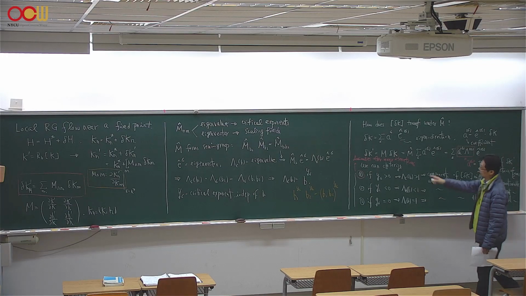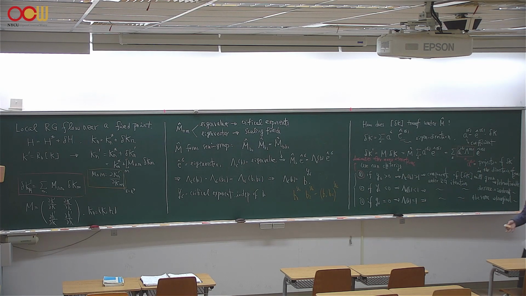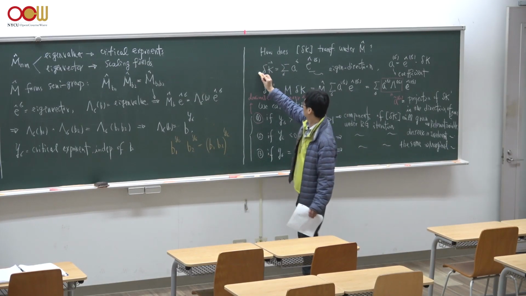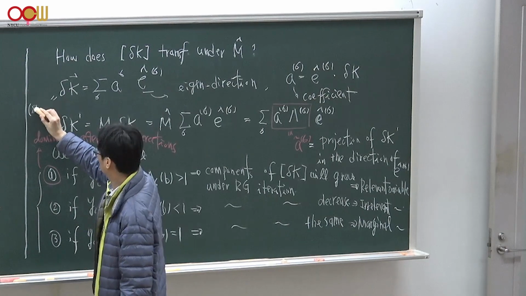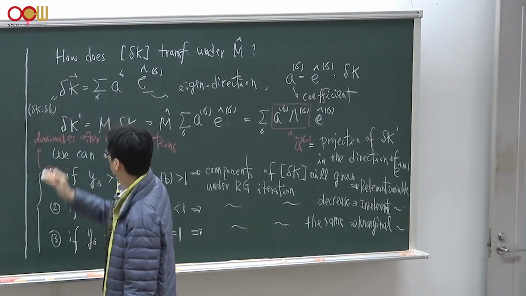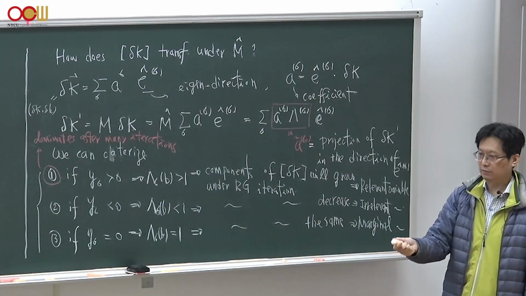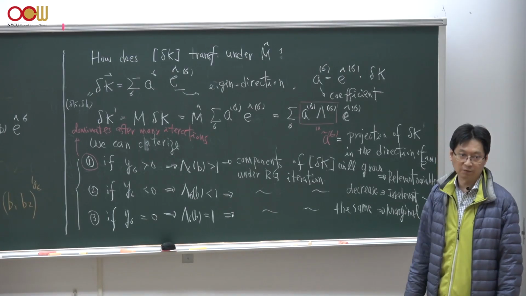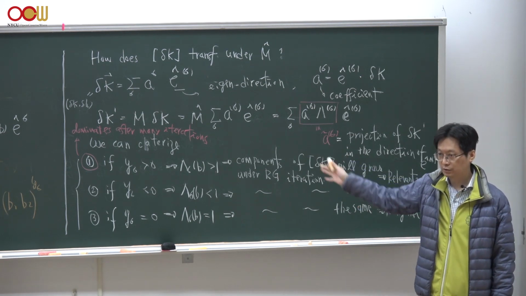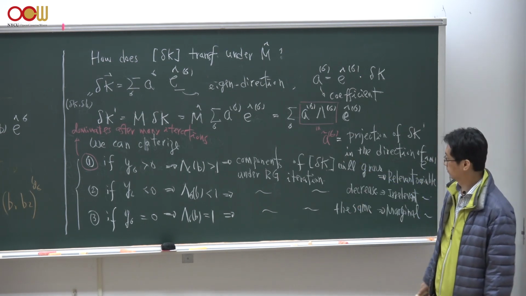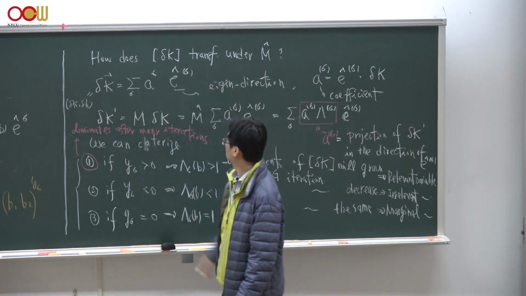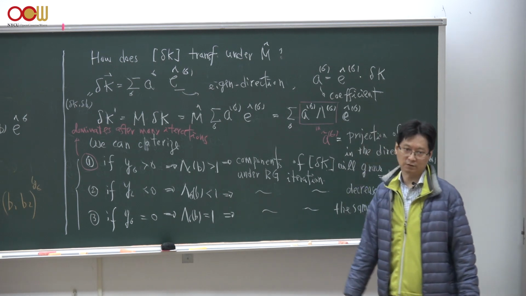As we noted and defined over there, delta k is actually a vector, which represents, for example, delta k and delta h for the Ising model under field, the vector which describes the deviation of the coupling constants from the fixed point value along all these directions. So it is in general a vector, and this vector could be decomposed in terms of the eigenvectors or eigendirections.